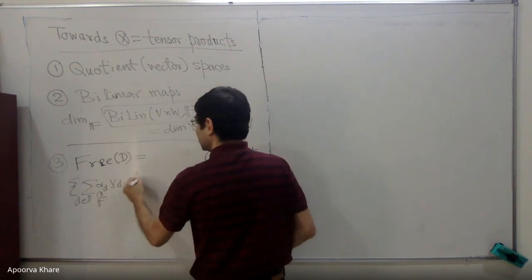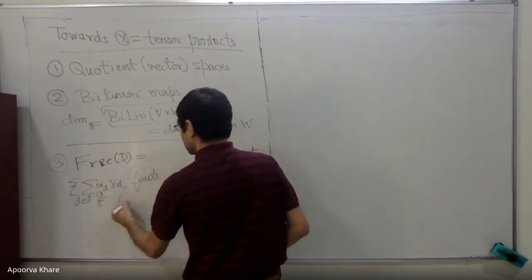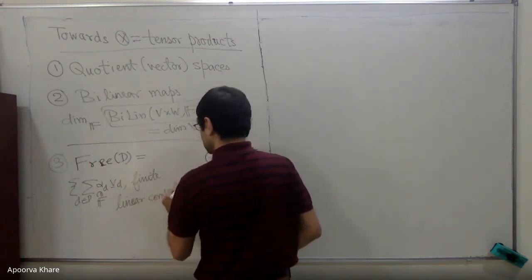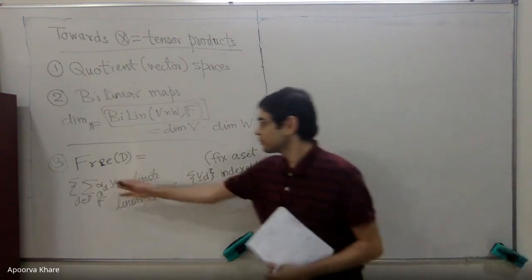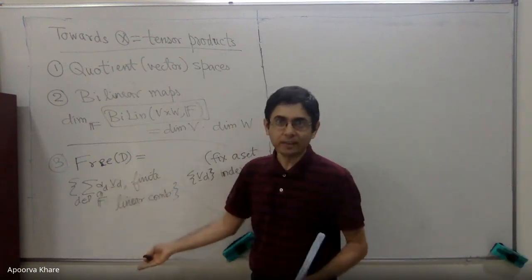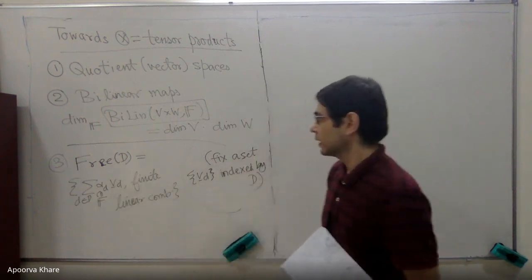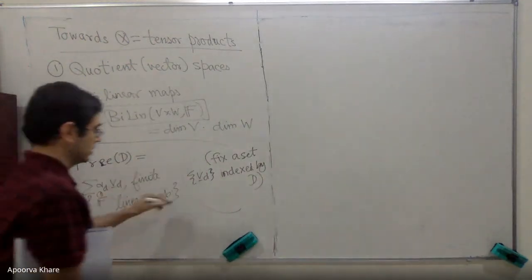Okay, it's clear that the sum of two such expressions is still a finite linear combination, and the scalar multiple is the same, and this is a vector space. And the point is the basis of such a vector space is precisely VD.